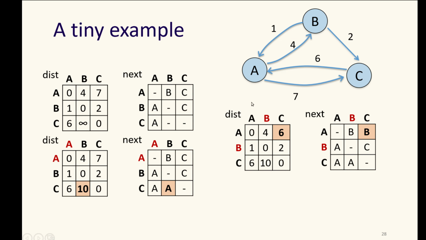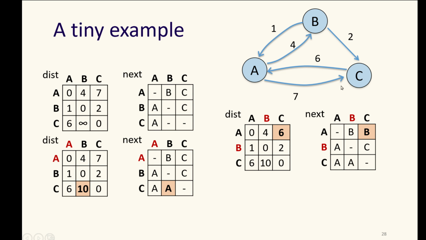Then for B, we can update the cost to get from A to C because we can actually get a cheaper path going from B to A and then A to C. And so that provided us with a better option that we can update our table with there.